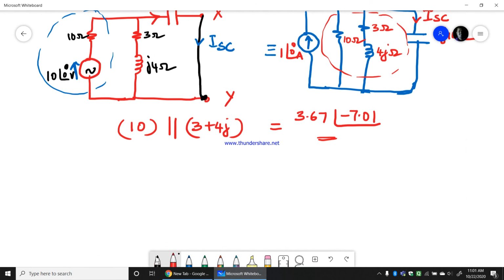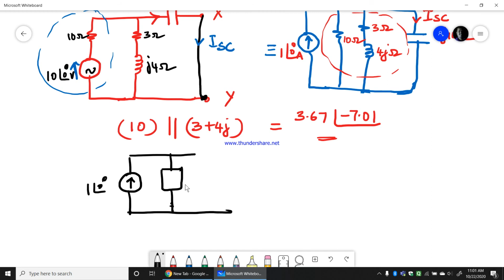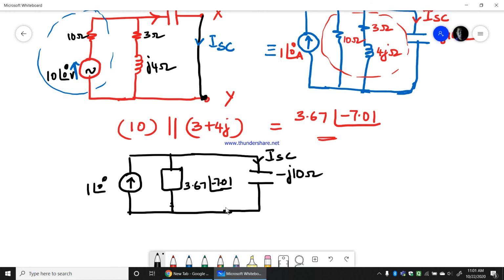So therefore I'll write a new circuit now. So I have 1 at an angle 0 degree as the current source. Then I have an impedance of the parallel equivalent that we got now, which is 3.67 at an angle minus 7.01, and then we have minus J10 ohms, where the current I should be found here.